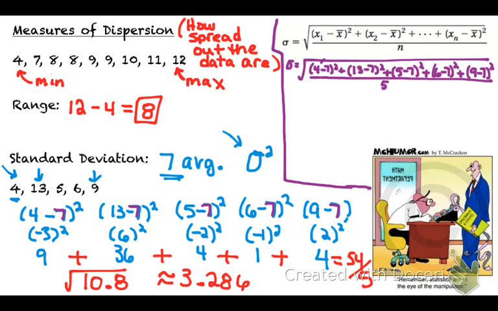So notice up at the top, here is my x-bar for all the means. So I went ahead and I plugged in the values and we divide by 5. So basically if you put it into your calculator, it would look something like this. And then you would get your same answer.